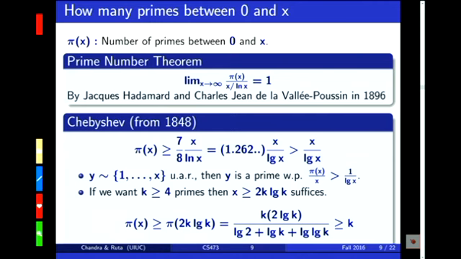We will use this fact in the algorithm. So if I want at least 100 primes in my range, then I set x to be 2 times 100 log 100.